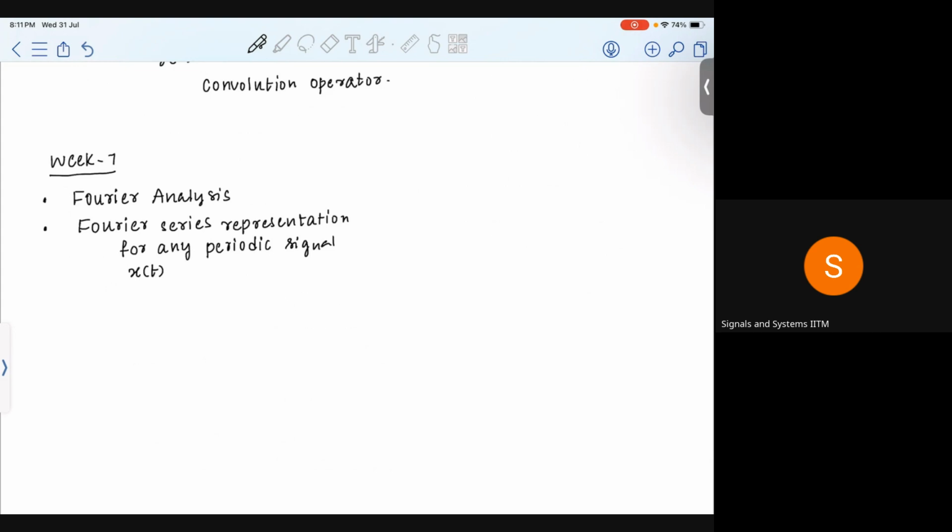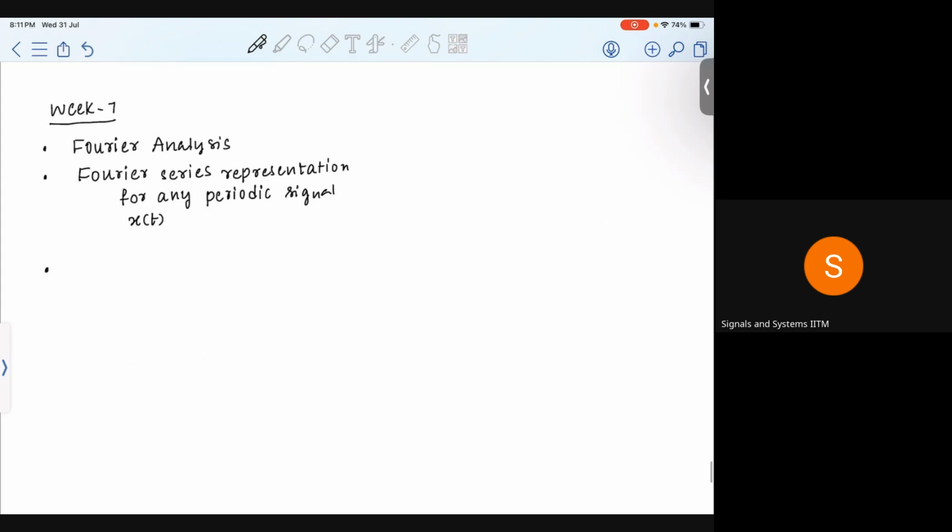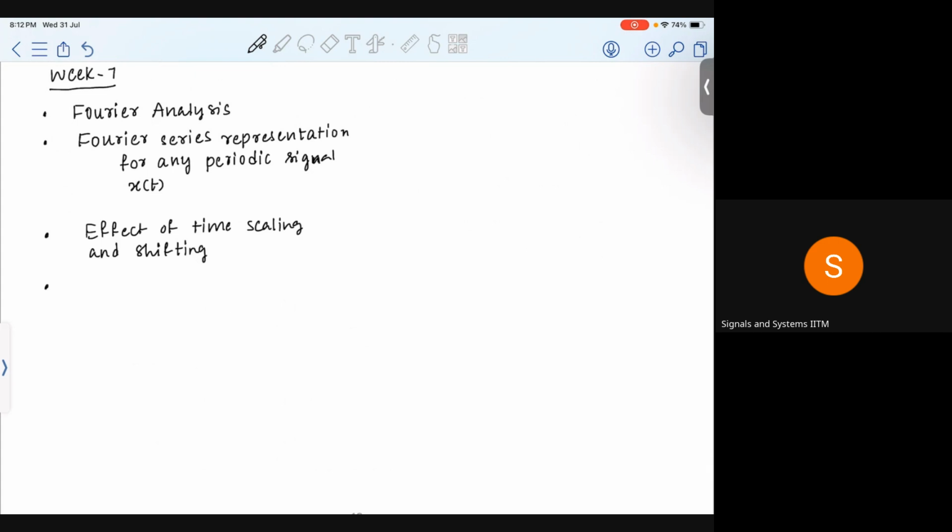We have also seen several properties of the Fourier series, the effect of time scaling and shifting on it, and also what happens to the Fourier series coefficients.